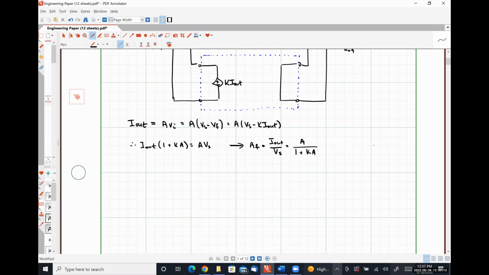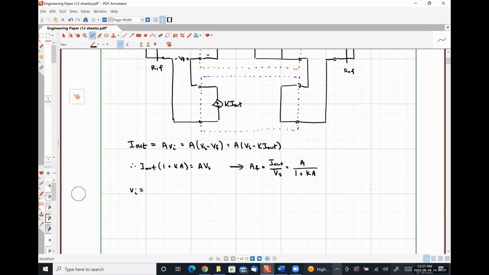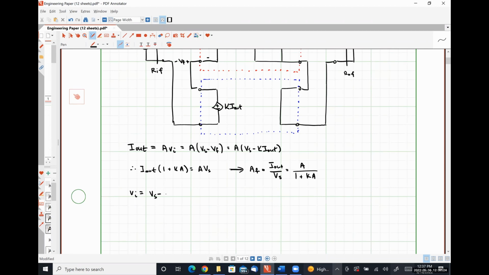So we will have VI is going to be equal to VS minus VF, or VS minus K I out, or VS minus K A VI.